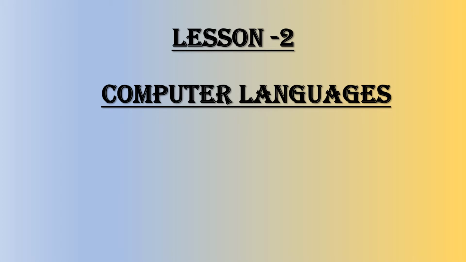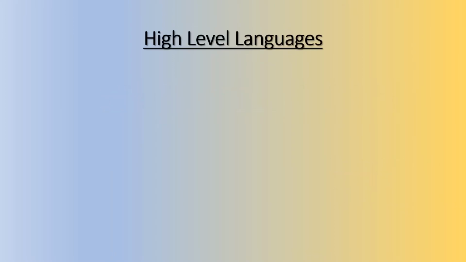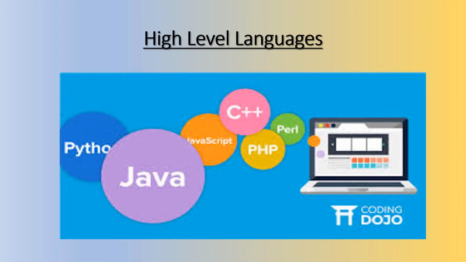Today, we are going to continue with lesson number 2, Computer Languages. Children, in the previous turn, we have learned about low level languages. Today, we are going to learn high level languages.